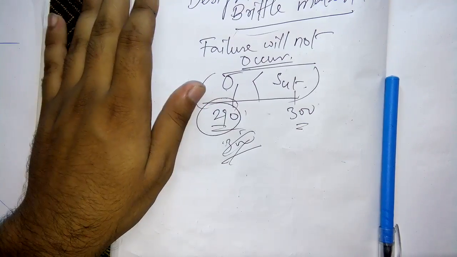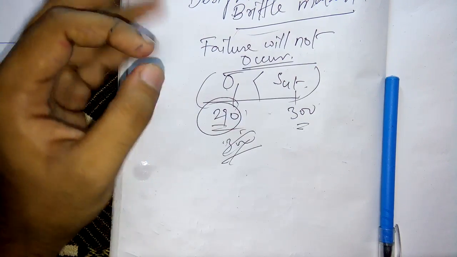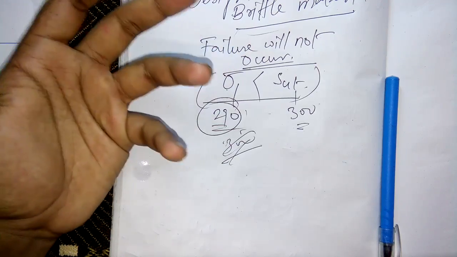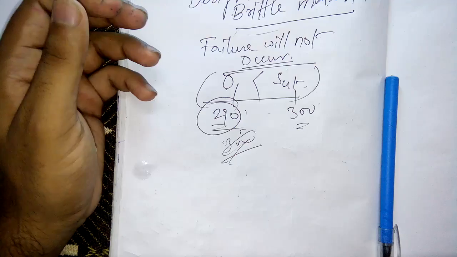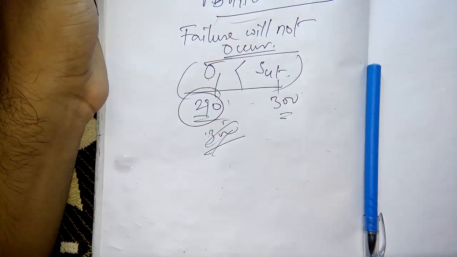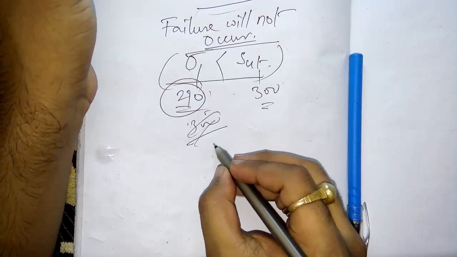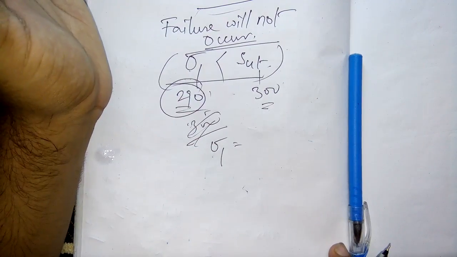So where safety is a major concern, where human lives are involved, in railways, in bridges, factor of safety is very important. What we do by factor of safety is that we reduce the value of sigma 1.